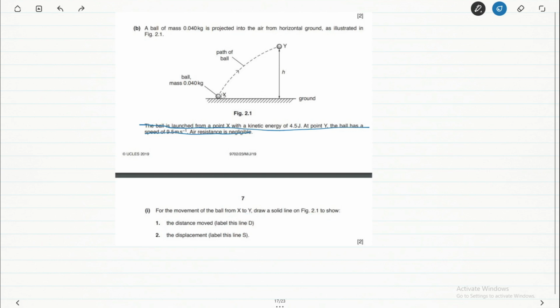So the distance moved would be a parabola path right here. So this is our path D. And for the S path, which is the displacement, this would be from the center of the ball to the center of the ball here. And this would be S, our displacement, right?